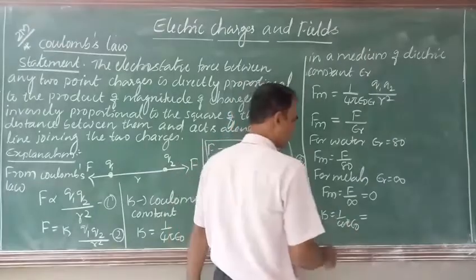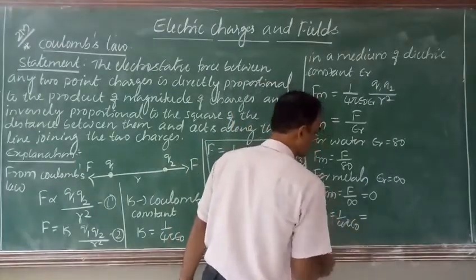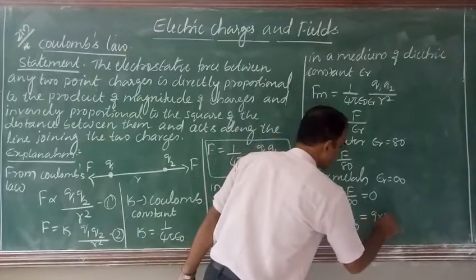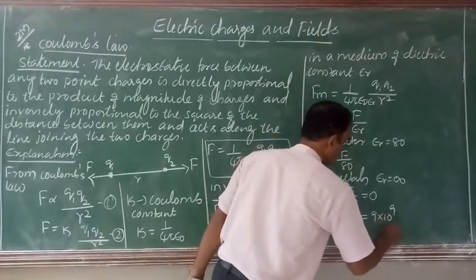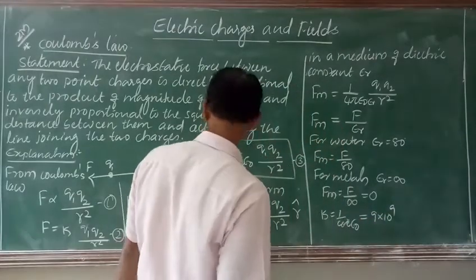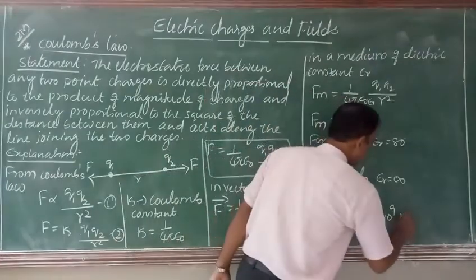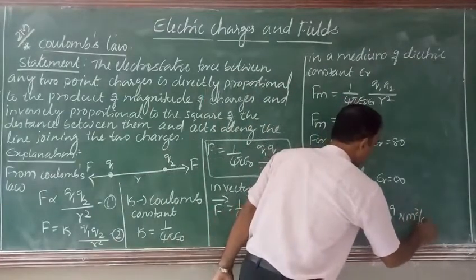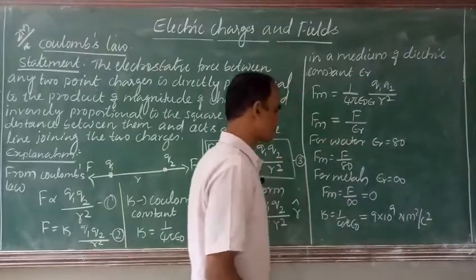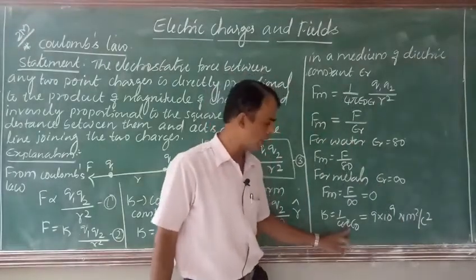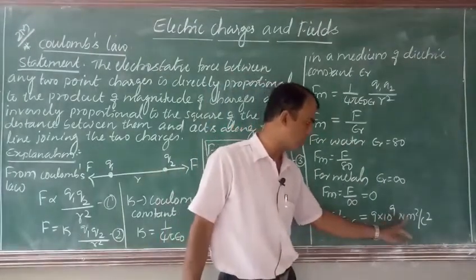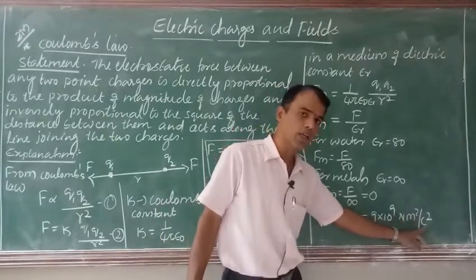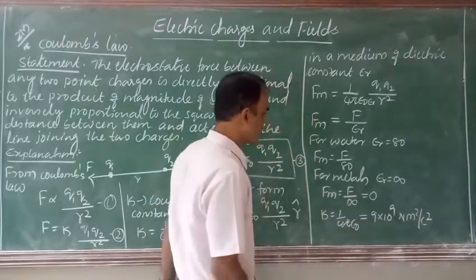By putting all these constant values, we get 9 into 10 to the power of 9 Newton meter square per Coulomb square. The value of k is 9 into 10 to the power of 9 Newton meter square per Coulomb square.